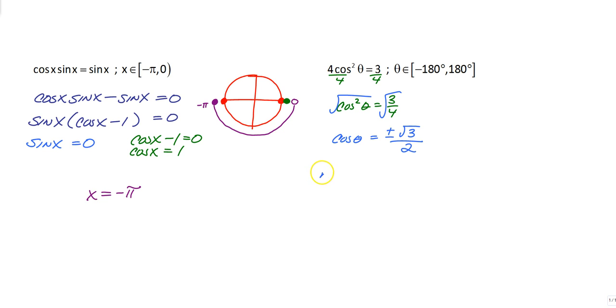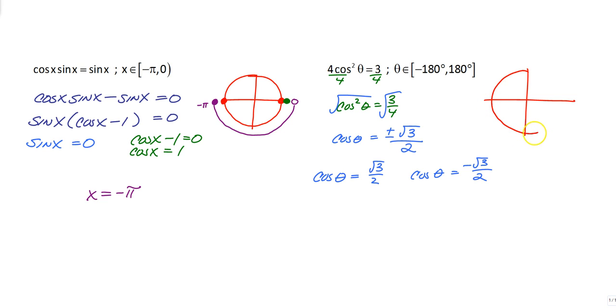So we have the cosine of theta equal to the square root of 3 over 2. And we have the cosine of theta equal to the negative square root of 3 over 2. And we need to include all of those possibilities. So we're going back to our circle. And the first part, I always think in terms of what makes the most sense.